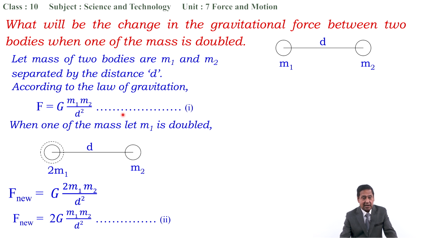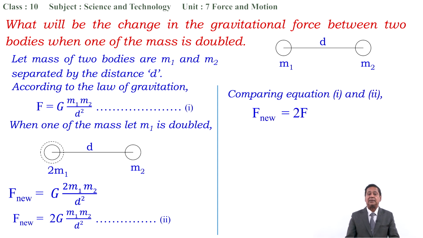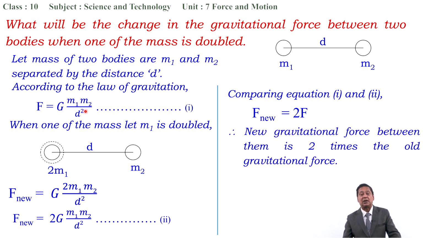G m1 m2 by d square is equal to F, so comparing with the first equation, we now have 2 times F. New gravitational force is equal to 2 times the previous gravitational force F. So we can conclude that the new gravitational force between them is 2 times the old gravitational force when one of the masses is doubled.